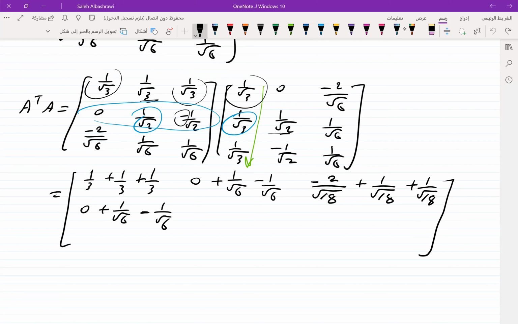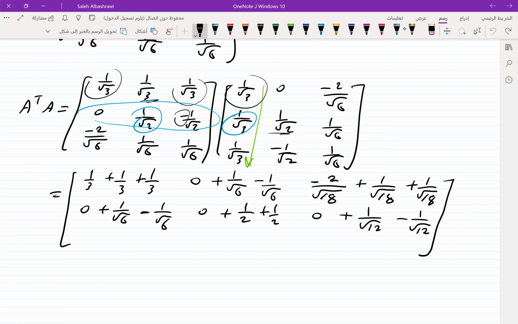Now let's do it for the second column. It will be 0 plus 1 over 2 plus 1 over 2. Go for the third column. We have 0 plus 1 over square root of 12 minus 1 over square root of 12.